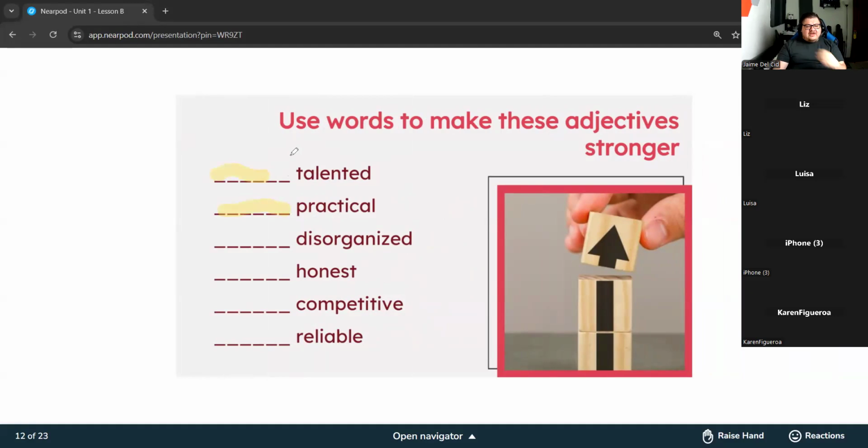Like, for example, extremely talented. This is one way of saying it, but there are so many words that you can use, whatever words you want to make this stronger, okay? So you have extremely, totally, very, pretty, fairly, so. So these are words to make adjectives stronger.